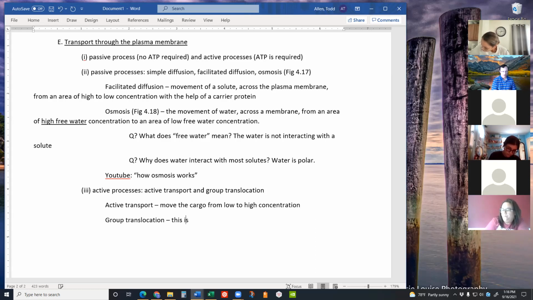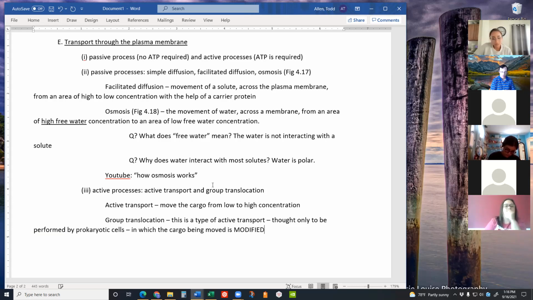This is a type of active transport thought only to be performed by prokaryotic cells, in which the cargo being moved is modified or changed during transport.